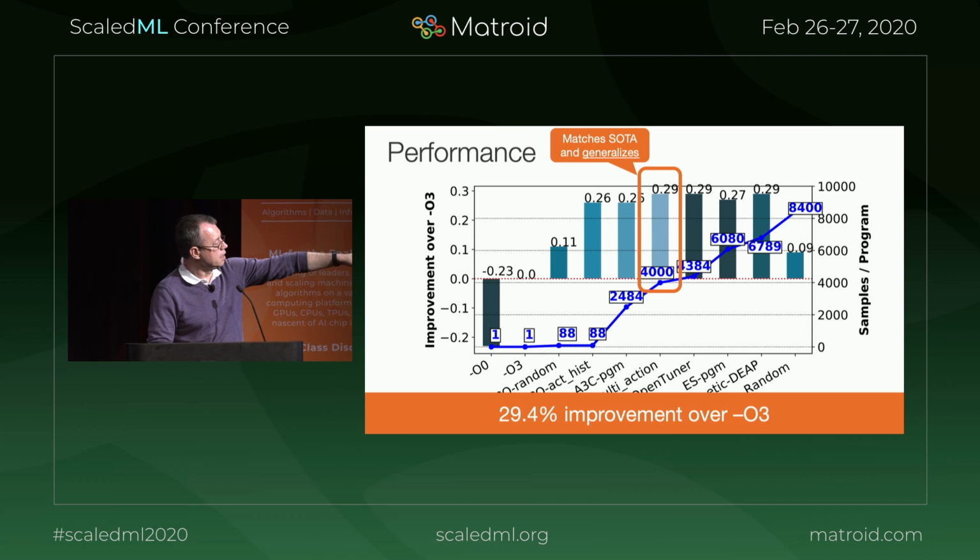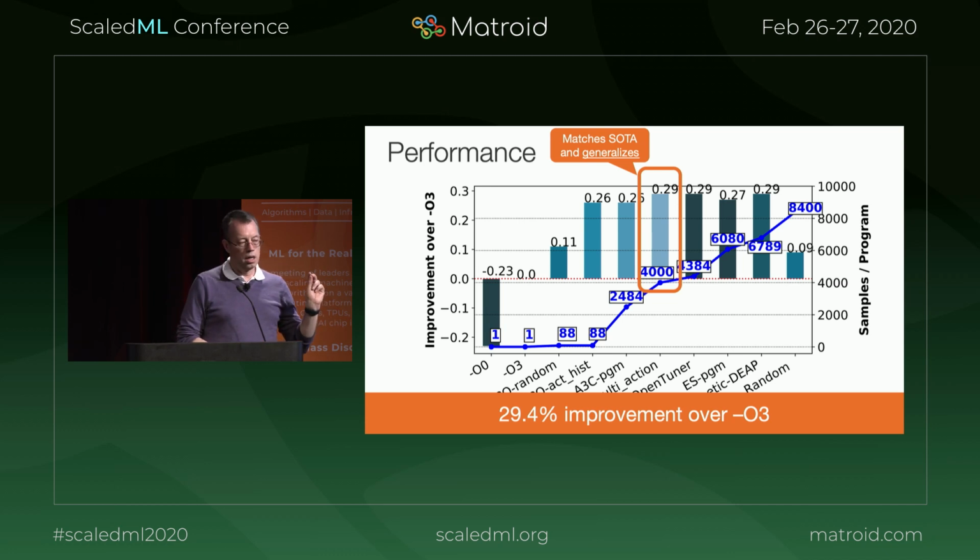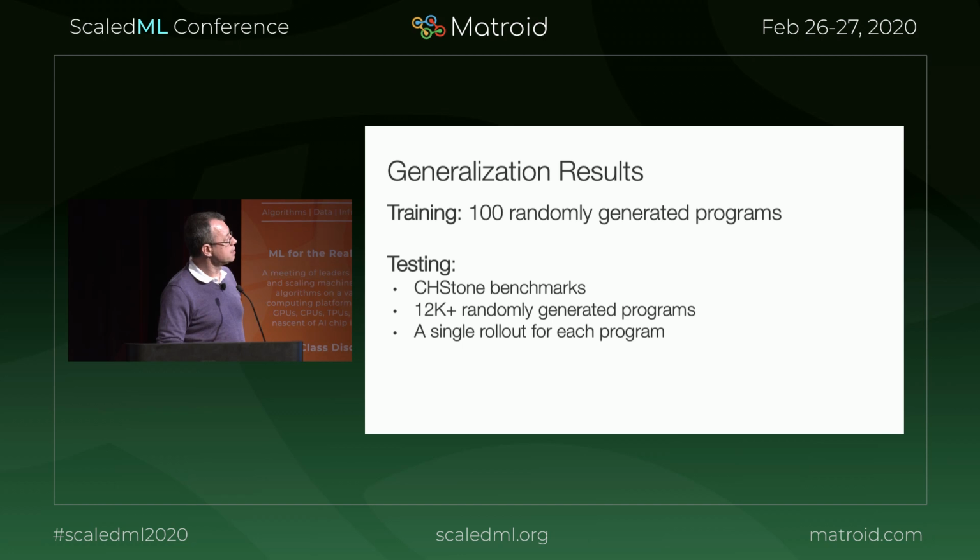This is OpenTuner, which uses multi-armed bandits, but with fewer samples. But we do much better than OpenTuner in generalization. With multi-armed bandits, you really cannot generalize. But we can generalize, and here are some examples.